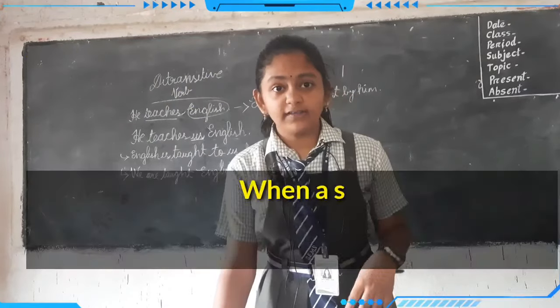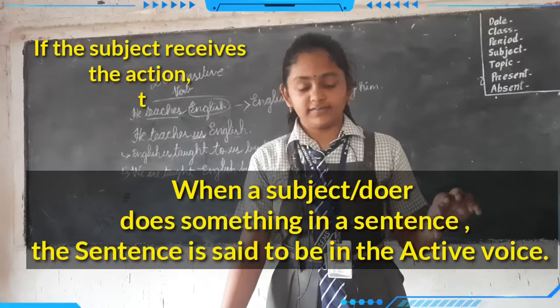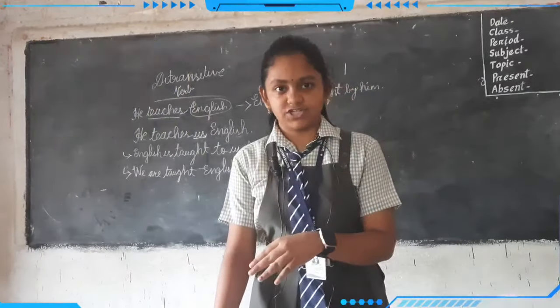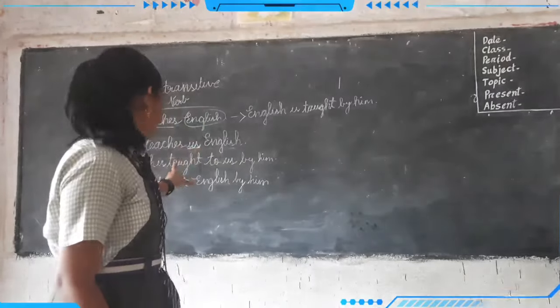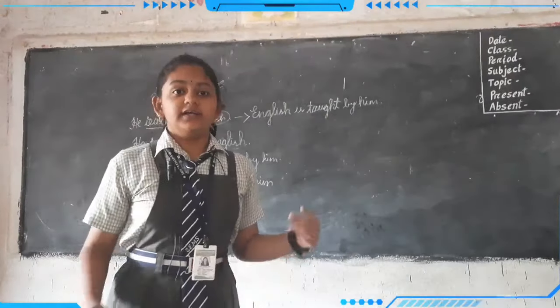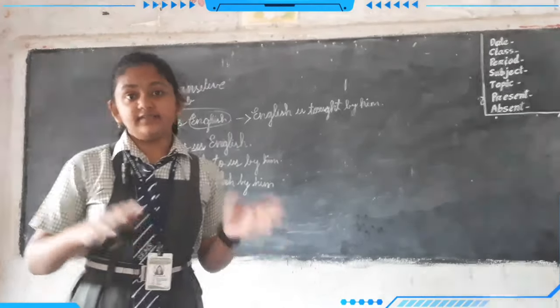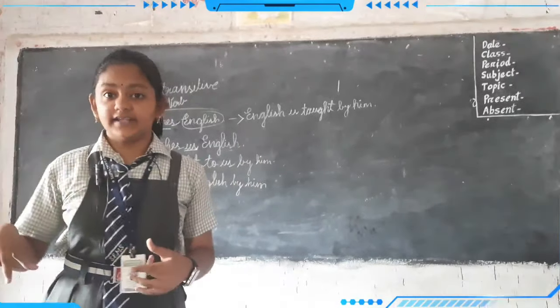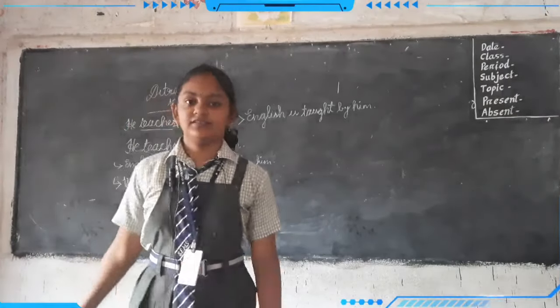In the active voice, the subject is the doer of the action, and in the passive voice, the subject receives the action. And if the sentence has only one object, then the passive voice can be formed in only one way. And if the sentence has two objects, that is called the ditransitive verb, then we can form the passive voice in two ways. Thank you.